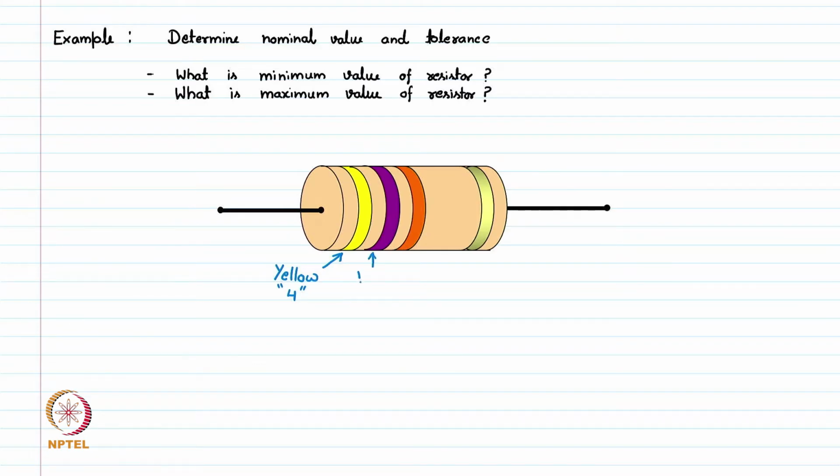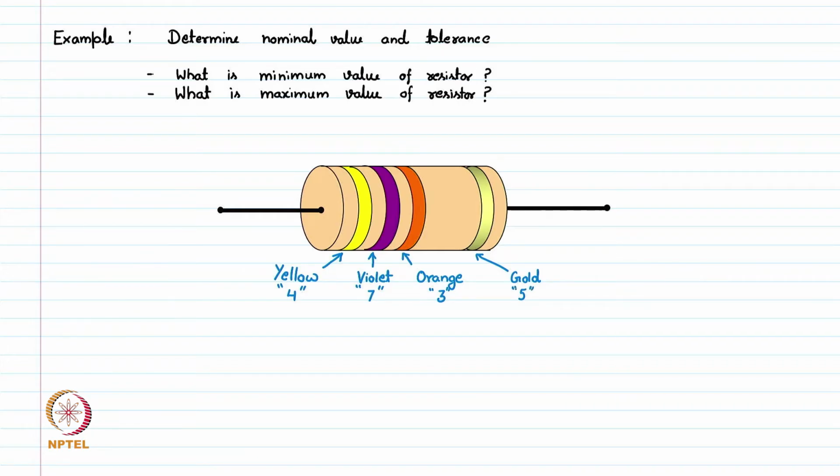Second band is violet. This represents the digit 7. The third band is orange, which represents the number 3, and the tolerance band is again gold, which represents digit 5.